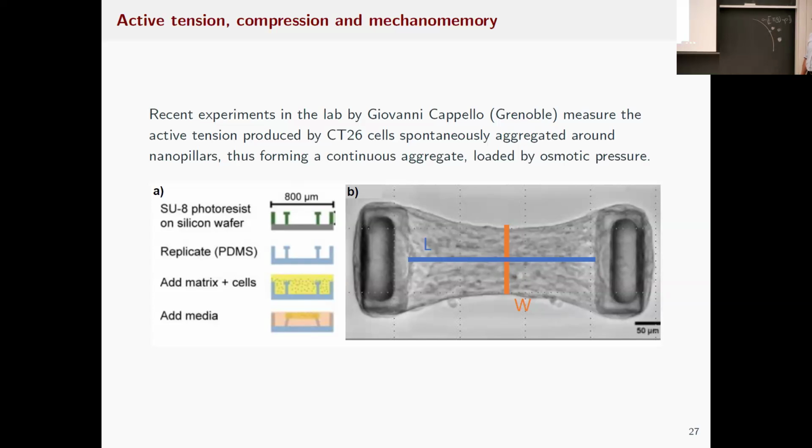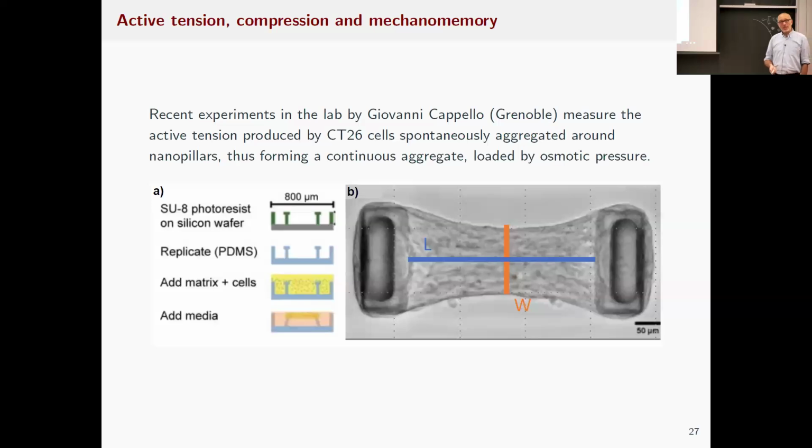In principle, I expect that L becomes smaller, because every time I have any material, which is not a very bizarre material, and I add force, I get a smaller size.